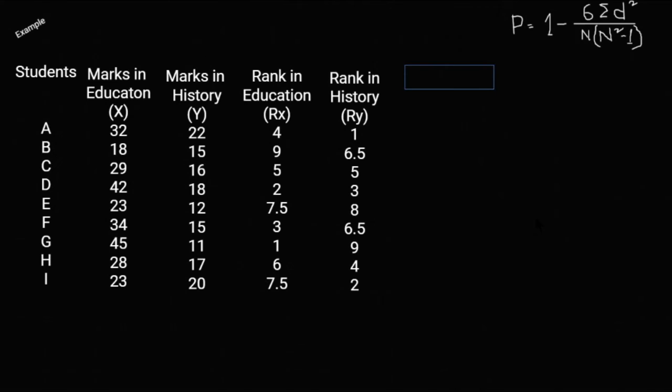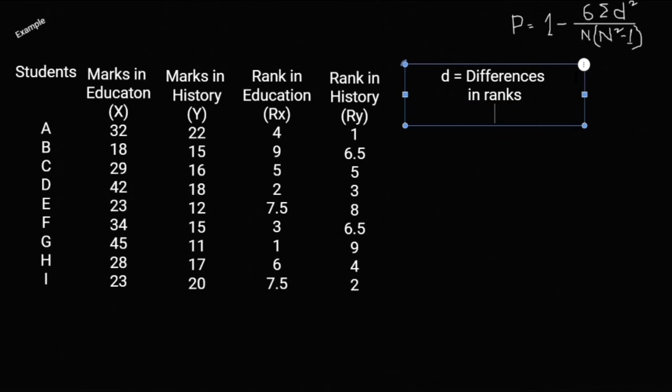Next step, calculate D. D is the difference in ranks: D equals Rx minus Ry.